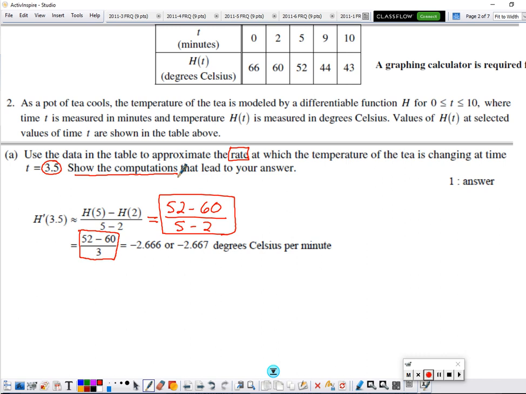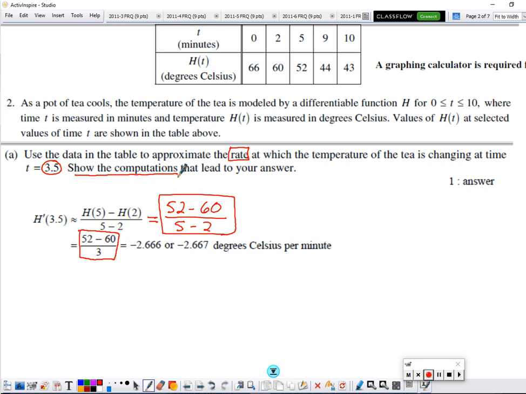And then a rule of the FRQ section is that numeric simplification is not required. Because after this I'd only be doing subtraction and division, I don't have to do it. It's actually smartest not to, because if you make a mistake, you'll lose the point. So it's best to just stop here and say, nope, I'm done.